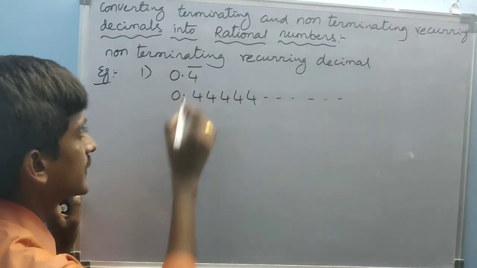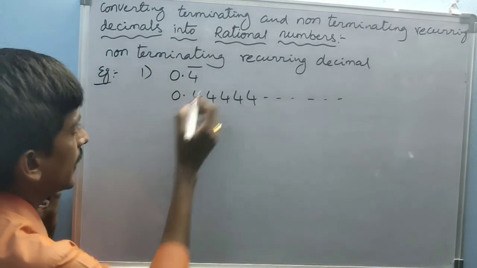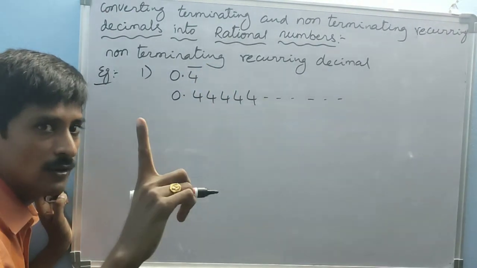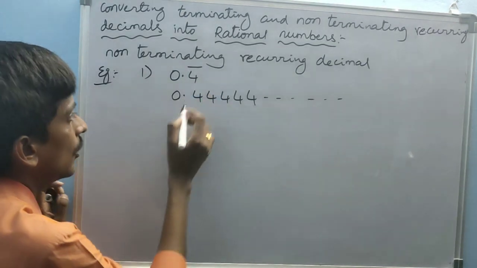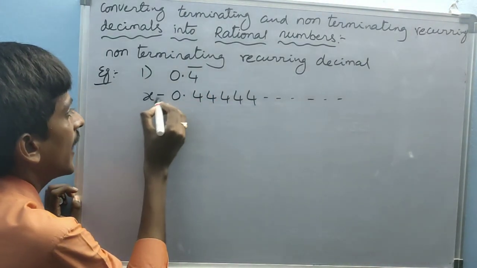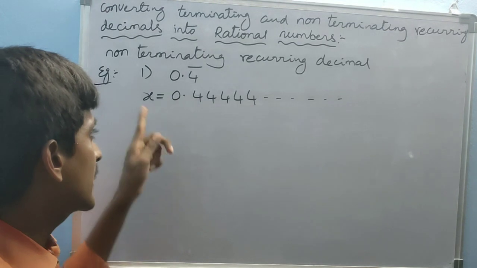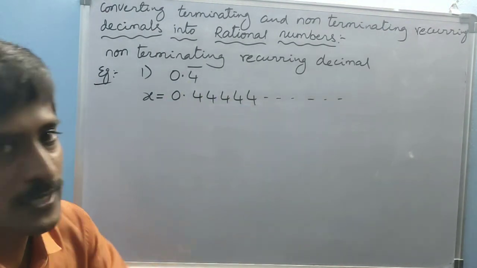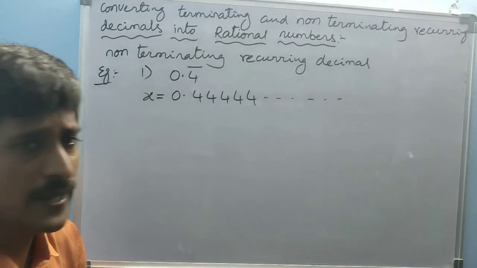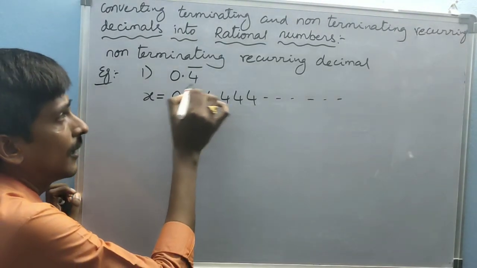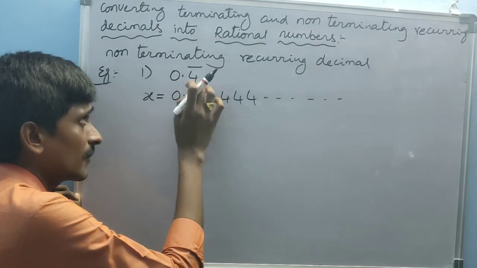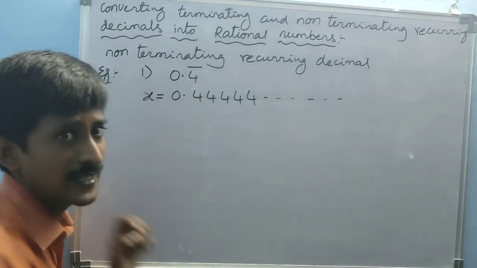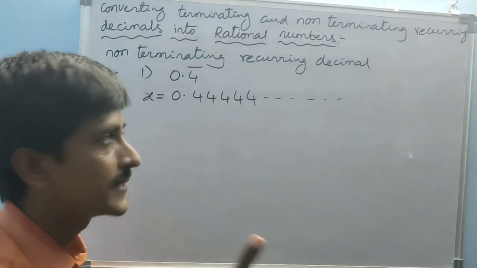In this case, how to solve 0.4 bar into a rational number? Okay, listen. Here, how many digits are under the bar? Only one digit. So let this be x. x equals 0.44444 and so on. How many digits are on the bar? Only one digit.